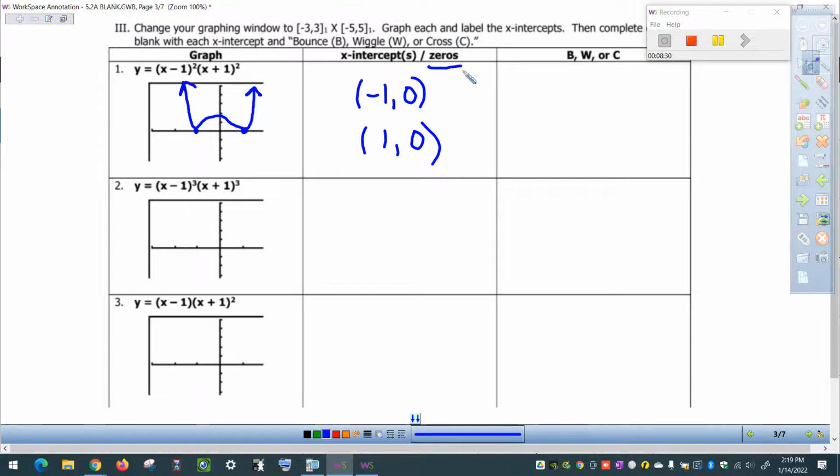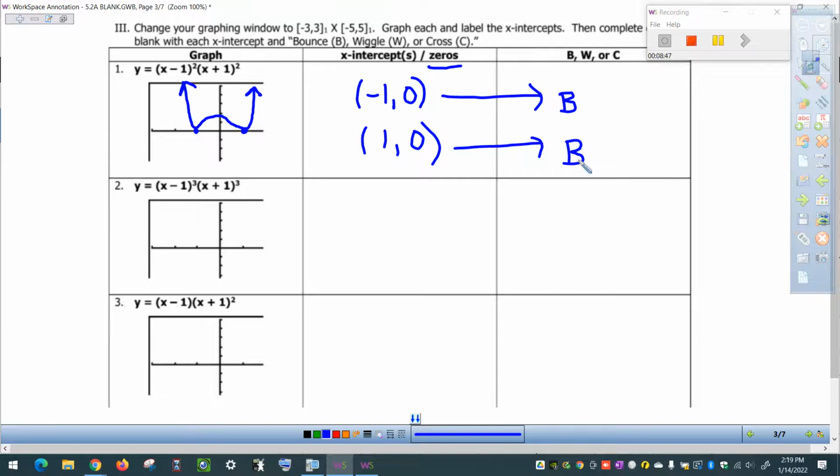So that's a little something that's going to be important throughout Chapter 5. If something is referencing zeros, we're really talking about the x-intercepts. And I wanted you to stack them in this way so that we can draw an arrow off to the side here and write the appropriate letter to represent what's going on there. So because it was a bounce on each one, I'm going to label a B next to each one.